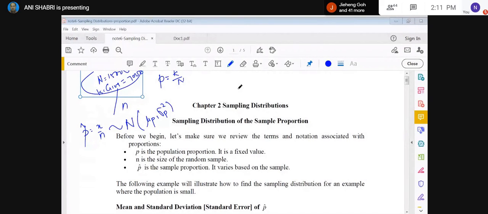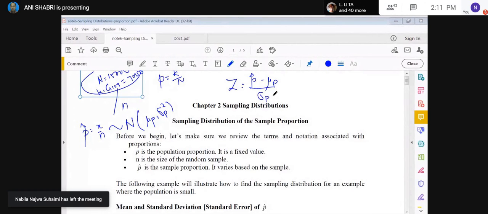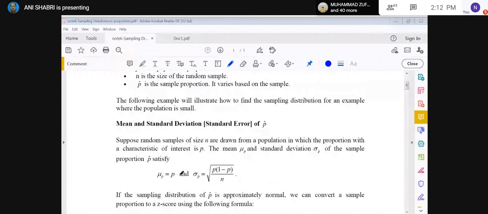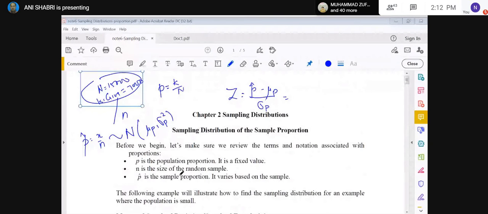The formula Z is equal to P hat minus mu P divided by sigma P. Here, it is equal to P hat minus P divided by square root of P times 1 minus P divided by N. This is the new formula, formula number 3, number 4.